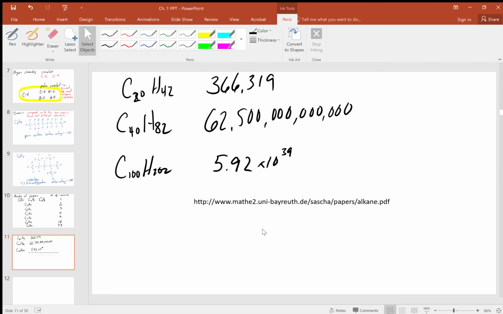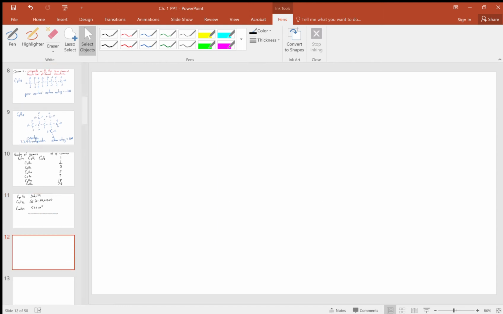The only problem with this publication is it is unfortunately completely in German, and so I'm not really able to tell you much more about it. But let's get back to compounds.